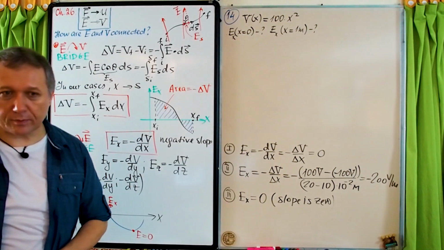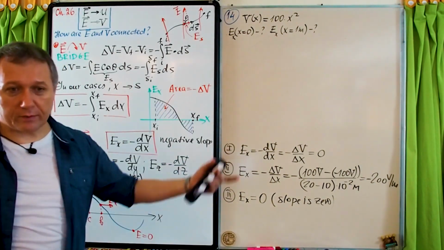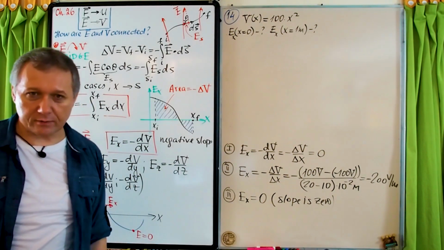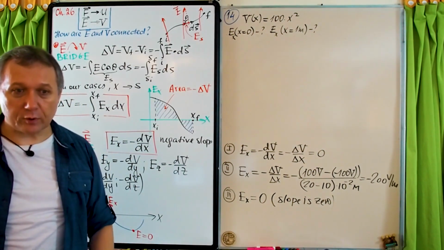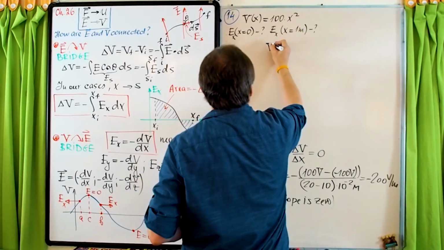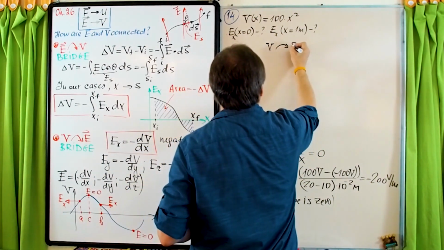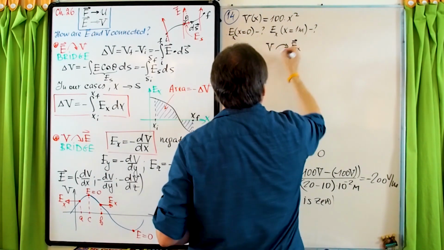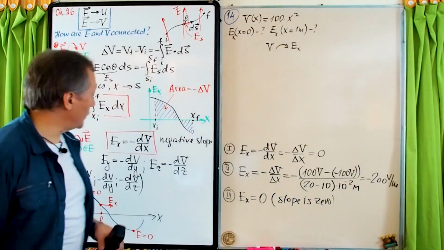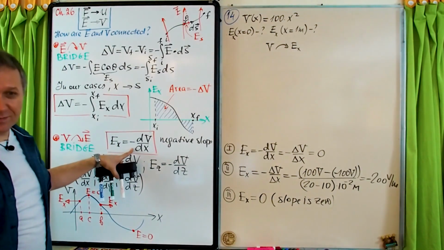Now, it's not a plot given. Of course, you can plot its parabola, but now a function is given. So in this case, what we have is information about the electric potential. So the bridge which must be used is from the electric potential to the electric field. Okay, so we just need to differentiate it.